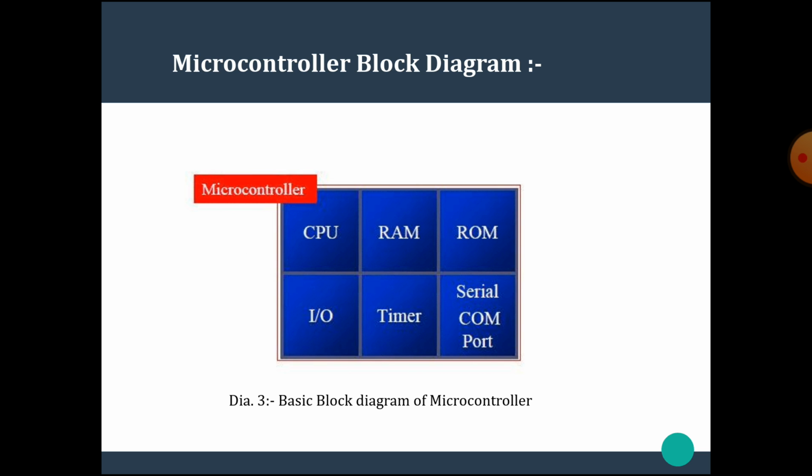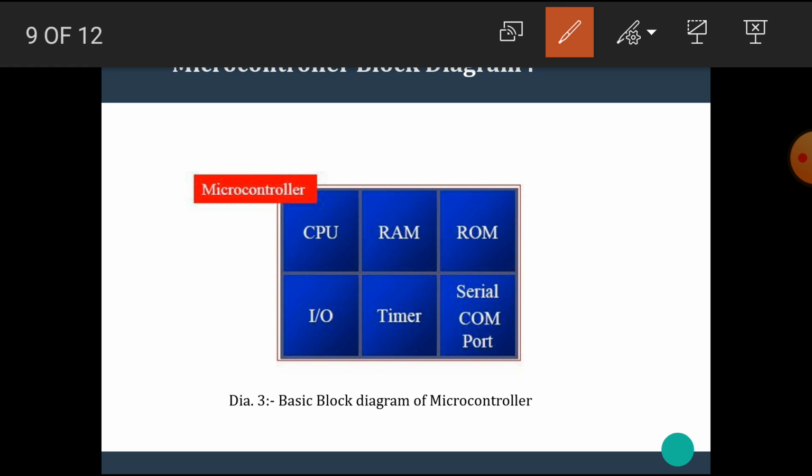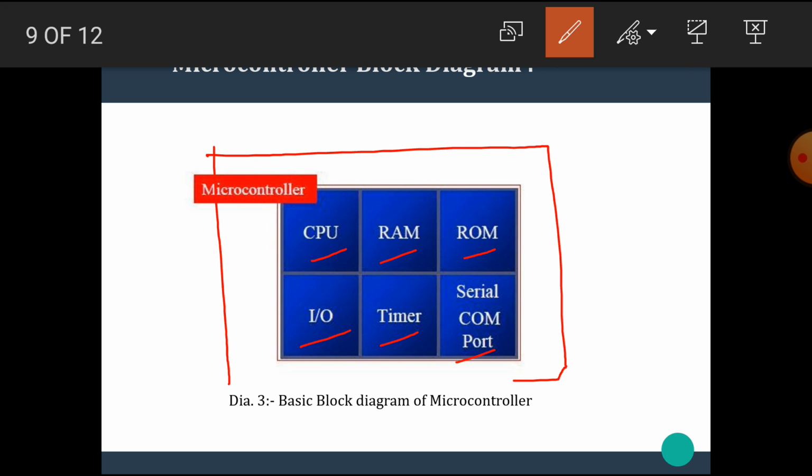The block diagram of microcontroller is shown here. In this block diagram, it is clearly seen that the CPU, RAM, ROM, input output port, timer, serial communication port, all these are manufactured on a single chip which is called as microcontroller. That is, in microcontroller, the RAM, ROM, input output port, timer, serial communication port are all inbuilt.